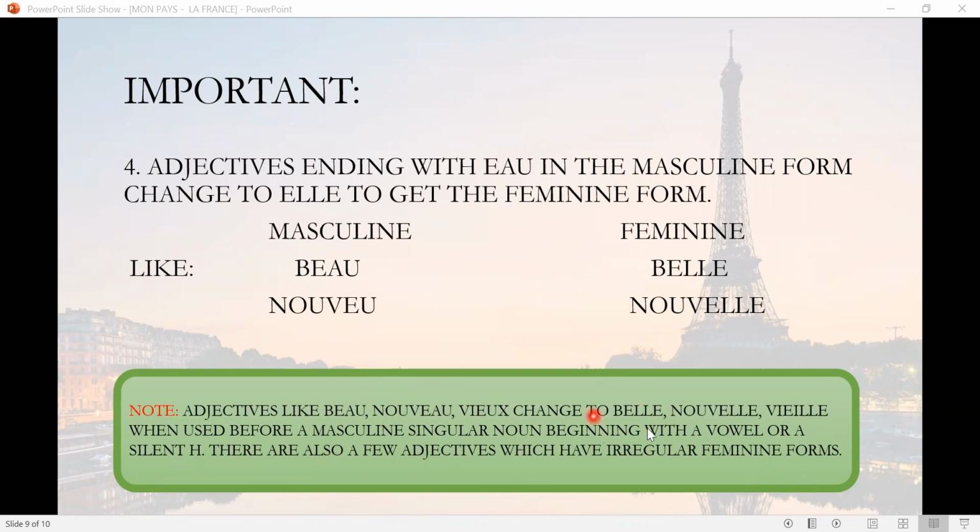So they change into the feminine form by adding ELLE at the end and removing EAU from the word. So over here we have bel, nouvel, when used before a masculine singular noun beginning with a vowel or even beginning with a silent H sound, there are also a few adjectives which have irregular forms.